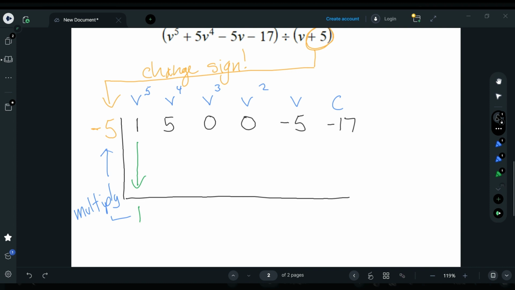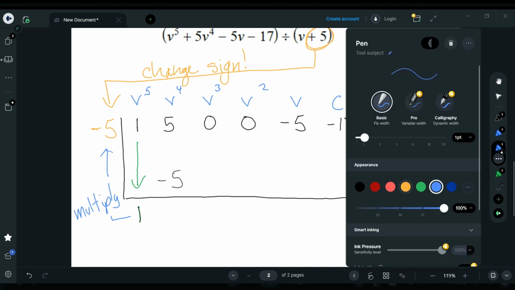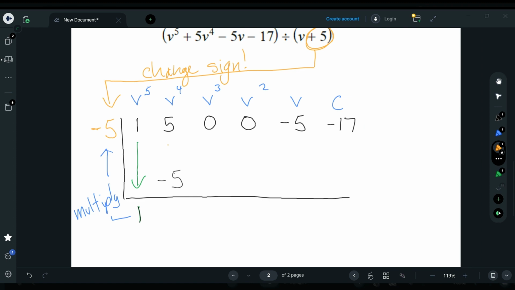So that goes here. And then we're going to add. Add down the column. 5 plus negative 5 gives us a 0. Put that below the line. Repeat the process. 0 times negative 5 is a 0. That's going to go here.